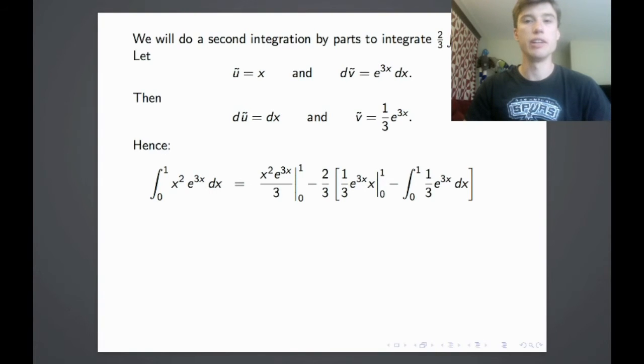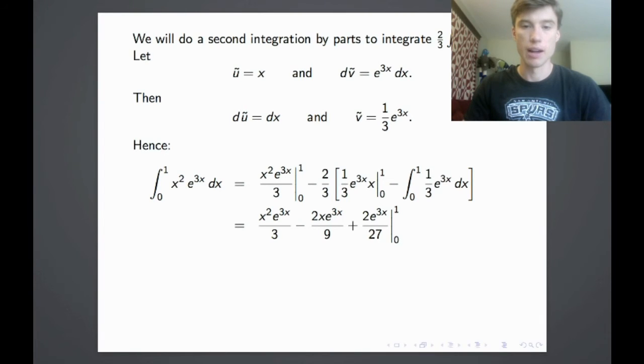We have finally reached an integral that we can perform. Exponential functions are of an elementary nature, and we can find their antiderivatives. Thus, the antiderivative of e to the 3x times 1/3 is e to the 3x over 9.